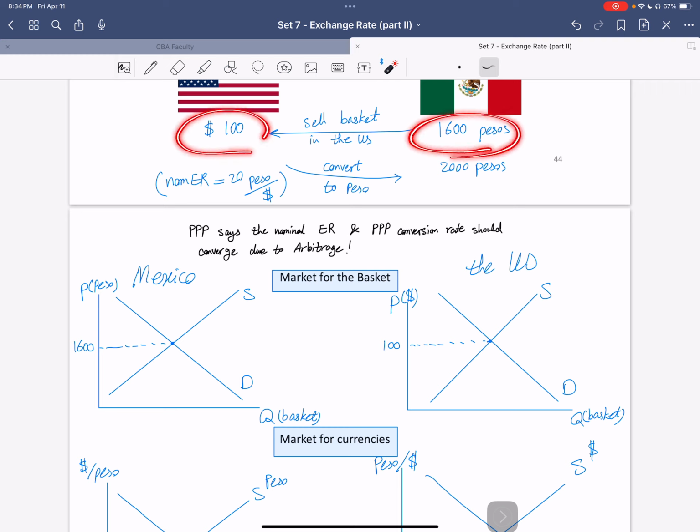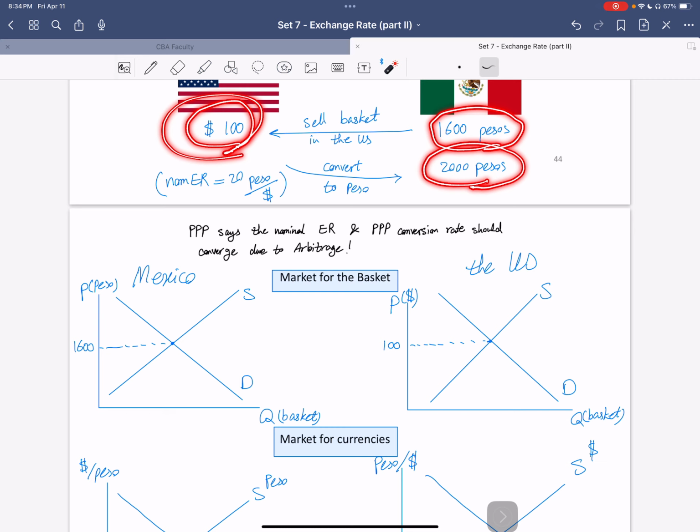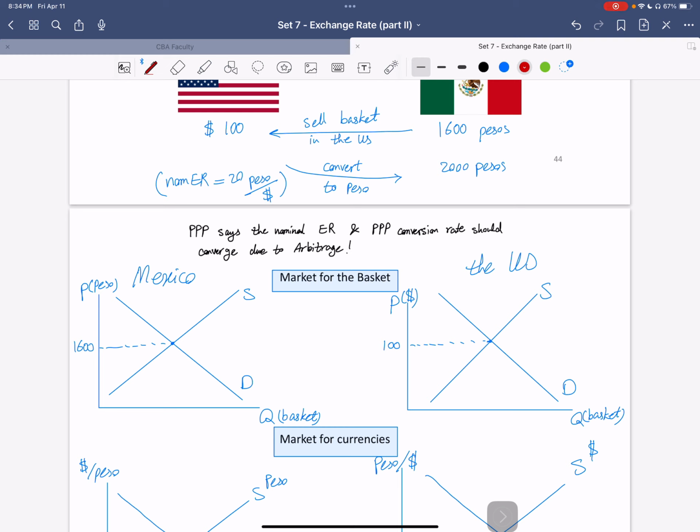They will do that several times. They will just buy the goods here, take them to the US, go back again, buy more goods, sell in the US, buy more goods, sell in the US. And this will be something like this. The supply of goods in Mexico will decrease, and the supply of the same basket in the US will increase.